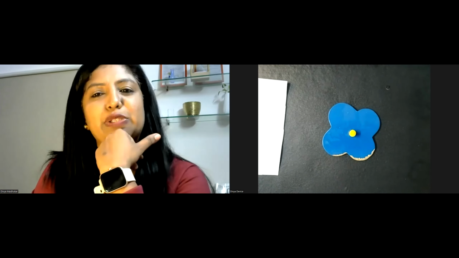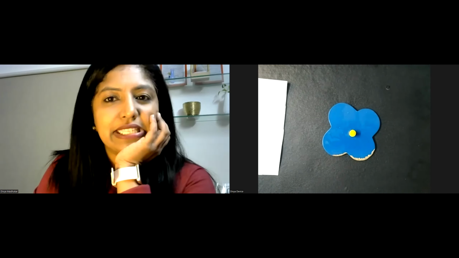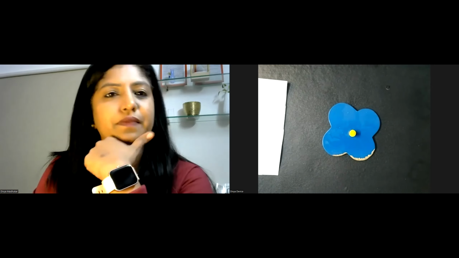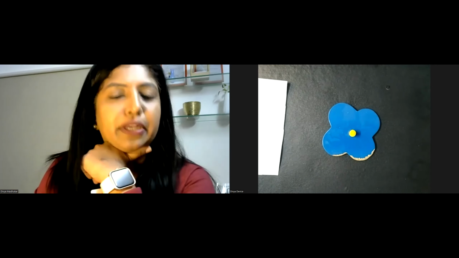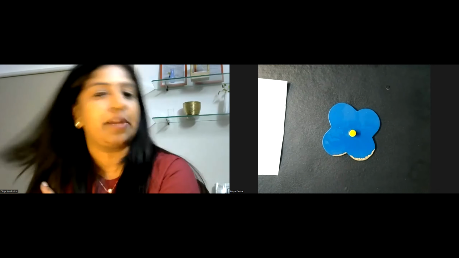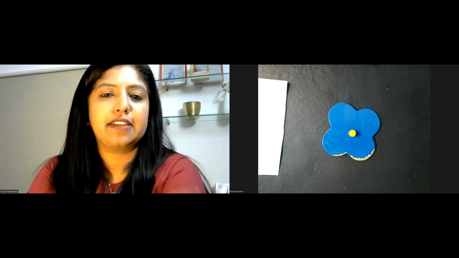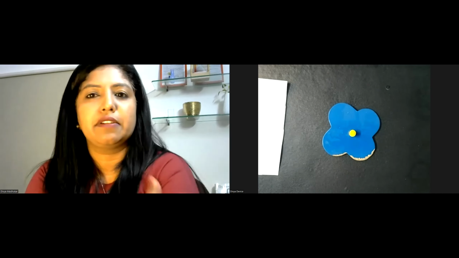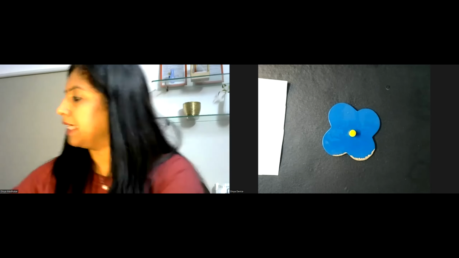The shape name is trapezoid. In this material, we are only going to use 10 of them for the metal insets. When we are working with the sensorial material that is the geometric cabinet, we will see all the shapes: hexagon, pentagon, nonagon, decagon, octagon, all of them. Okay, guys?